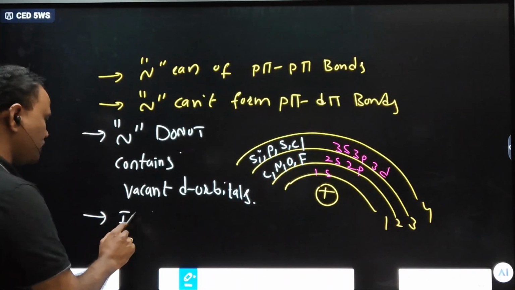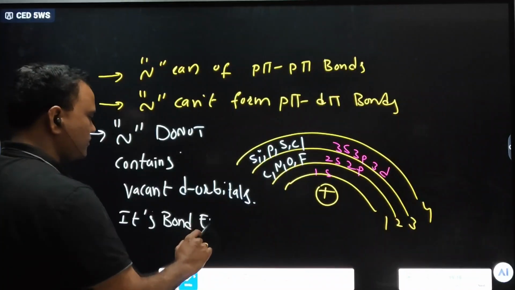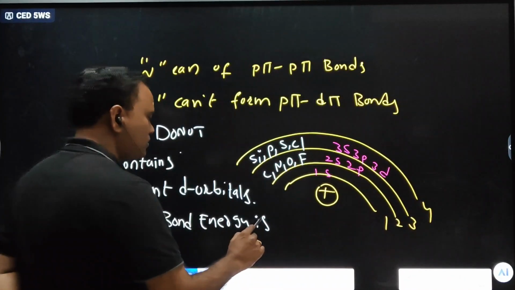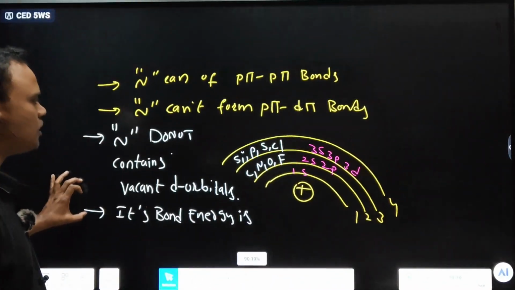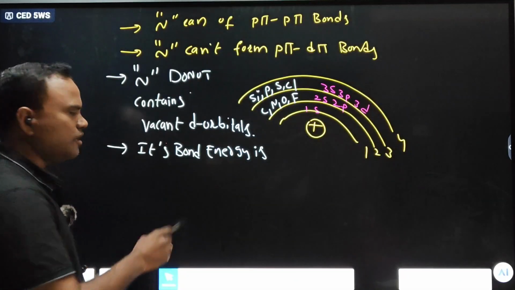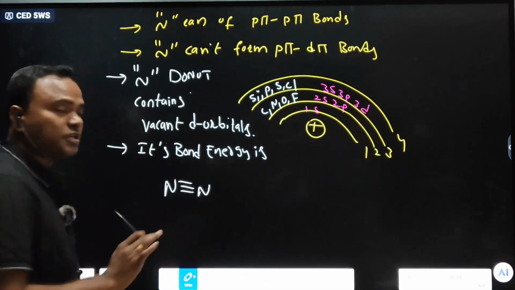And its bond energy is, see, bond energy means here again we have two types of bond energies. I am talking about the N triple bond N bond energy, not single, not the multiple bond energy.